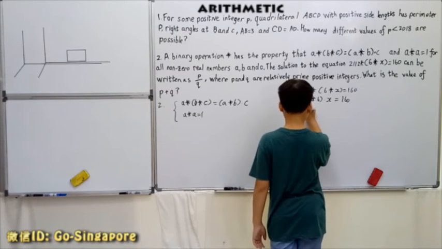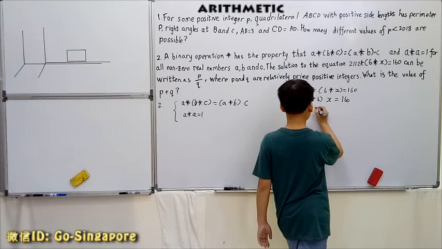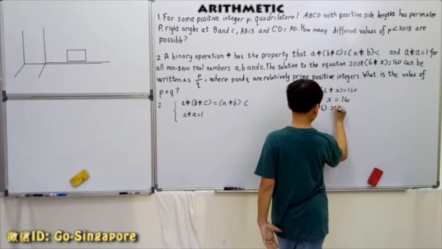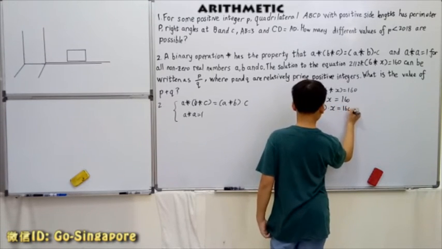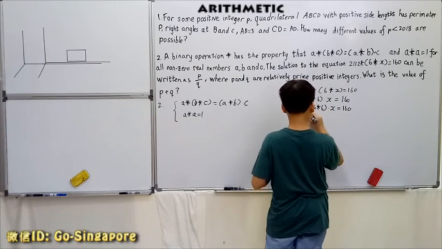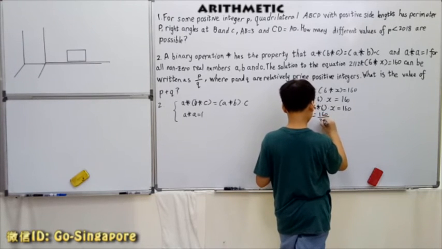Then we'll have 352 times bracket. So inside is a 6 star 6 times an x, and this is still equal to 160. So this part is a 1 as it's stated here. So that means x will just need to divide this to the other side. 160 will divide it by 352.